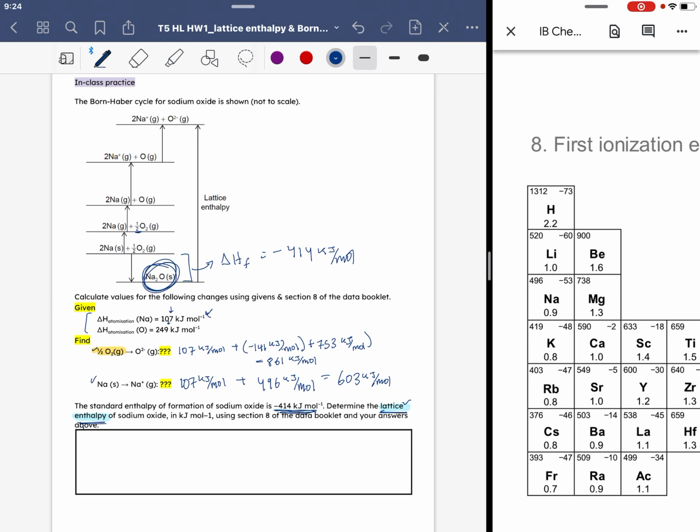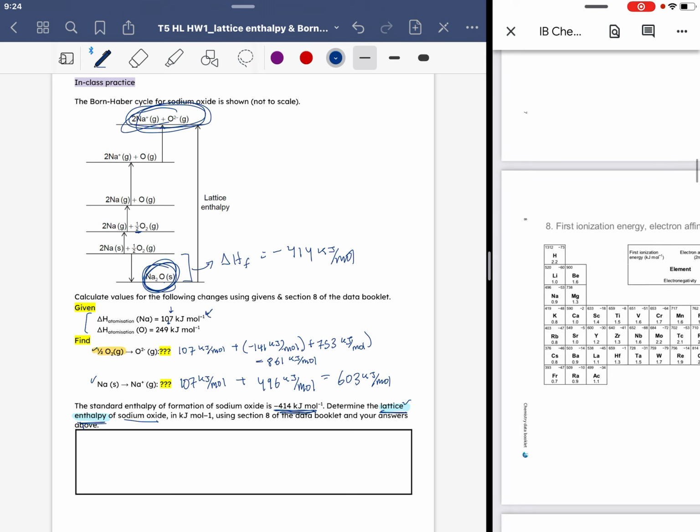So that's going from Na2O, sodium oxide, to my ions. That's lattice enthalpy. Using section 8 of the data booklet. So section 8 of the data booklet, we kind of already used in here. So we don't actually really need to use it again because we can see we already have here the numbers we'll need.